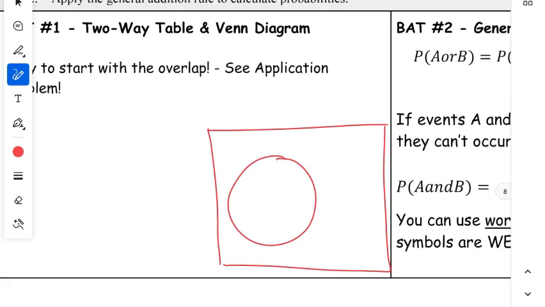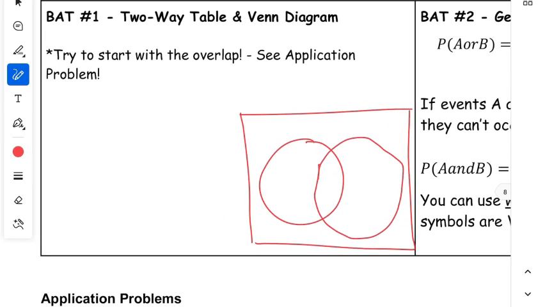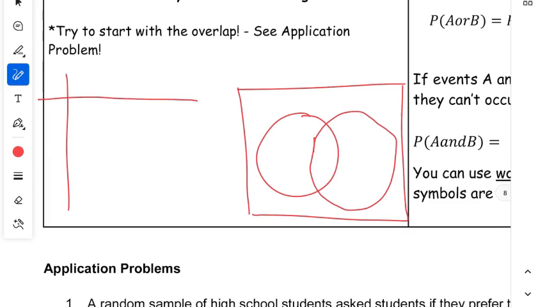And then we need to do a two-way table also, with 2 events, like a tic-tac-toe board. Okay, so this would be A. This would be complement of A. So this would be B and complement of B, not B.